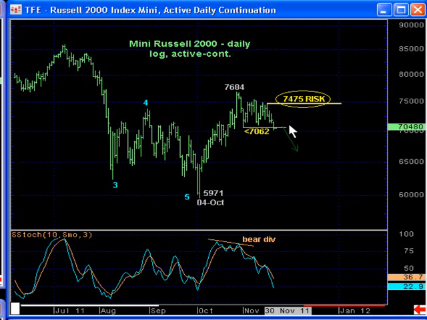Until or unless such strength is shown, not only are traders advised to be leery of further losses, but potentially very significant, even relentless losses in the period straight away.